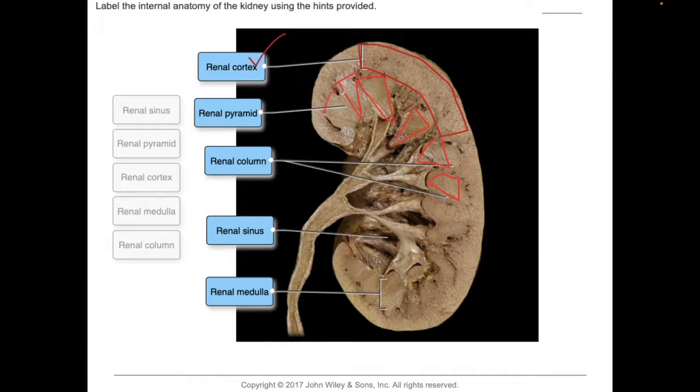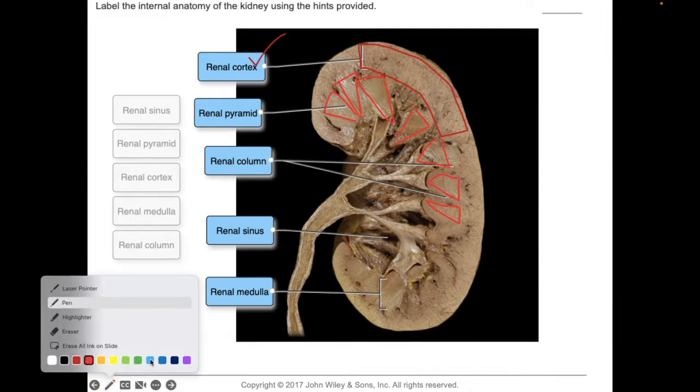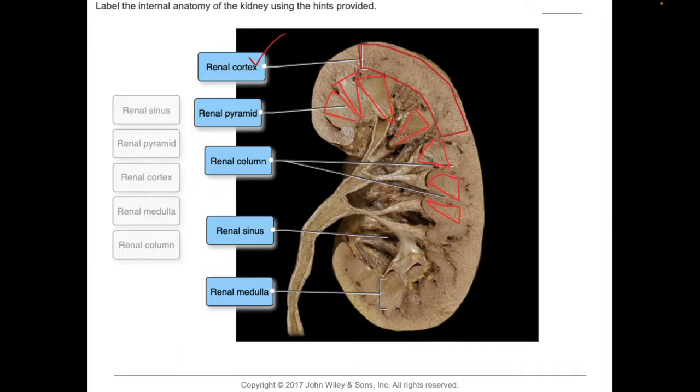So those are called renal pyramids. Pyramid, pyramid, pyramid. These are all pyramids. Now between the pyramids, we have columns. So let's make this blue. Between each pyramid, there's going to be renal columns.